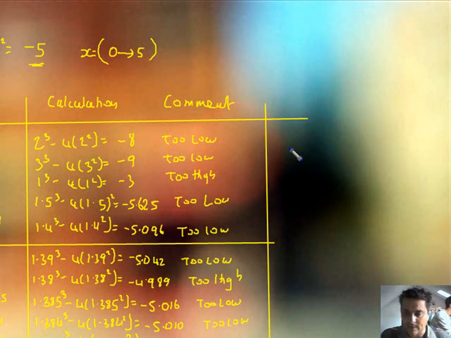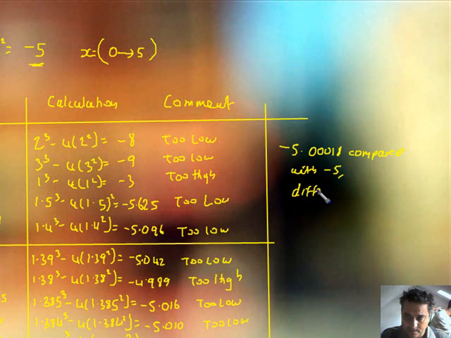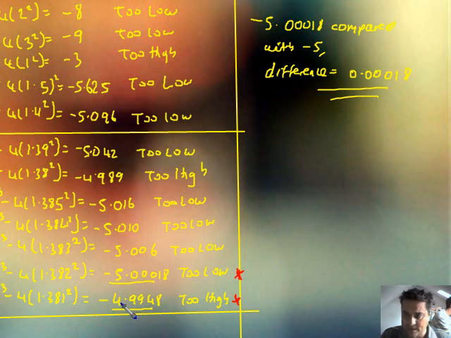So let me just have a look. If I look at minus 5.00018 and I want to compare that with minus 0.5, I get a difference of, because I've calculated before, the difference is 0.00018. Alright, now I'm going to test this one.